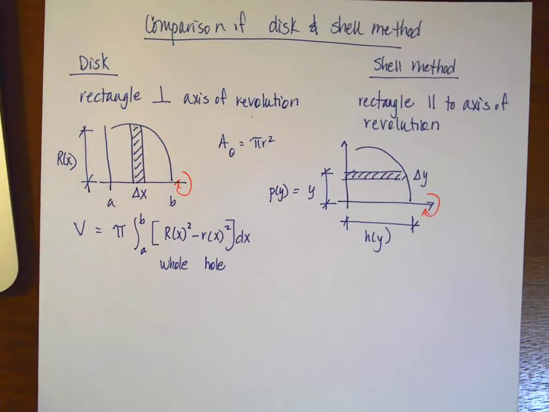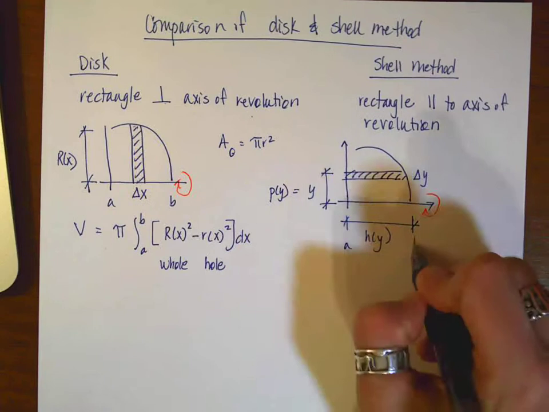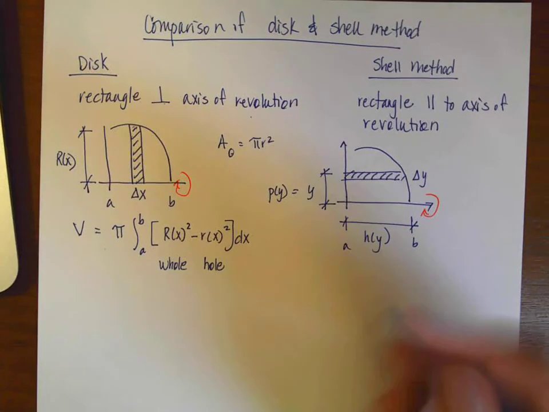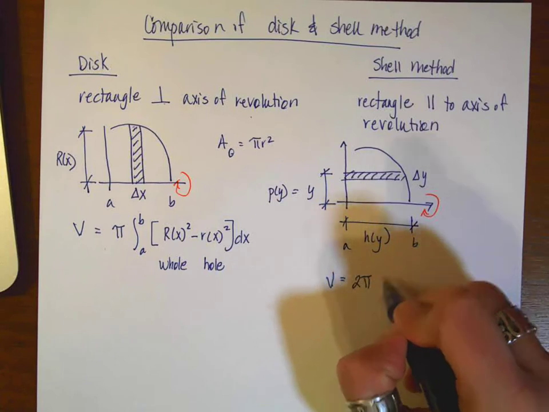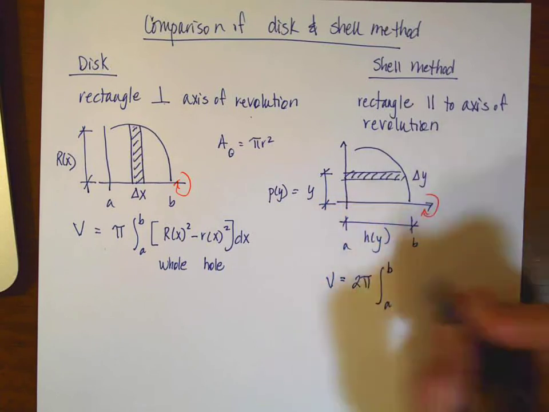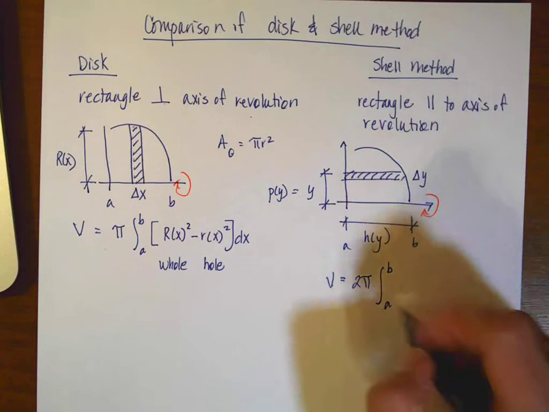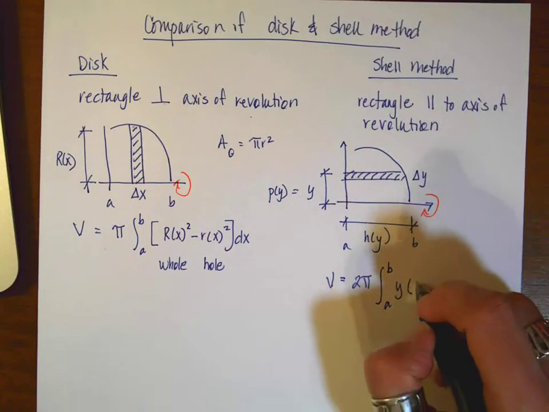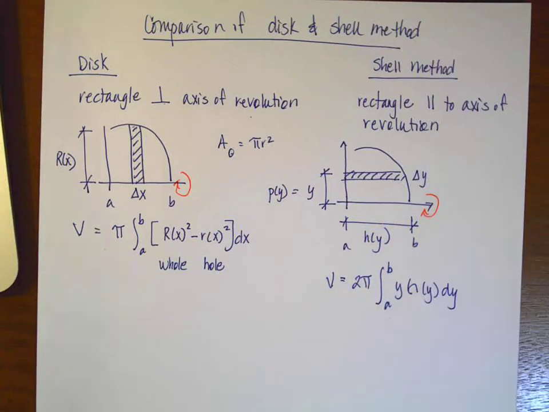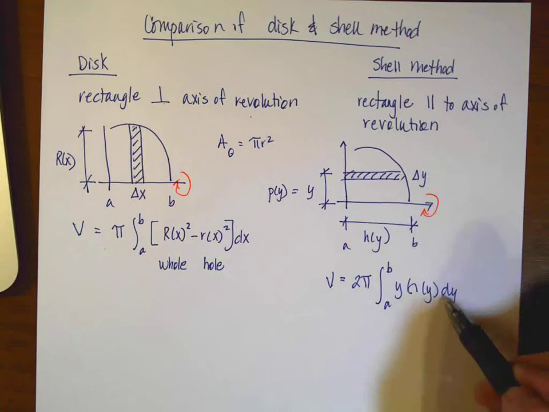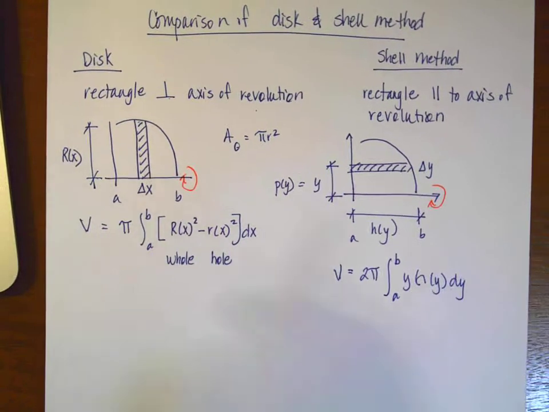And I'm going to put p of y out here just so we remember. Okay, and so then I have my integral from a to b. So my volume, if I'm using the shell method, is 2 pi times the integral from A to B of the distance y times h of y, and then I have my dy. And since I have a dy, everything has to be in terms of y, so that's a great way to check your work.